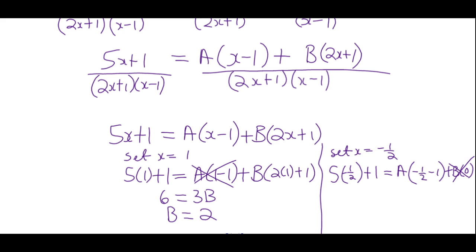Negative 5/2 plus 2/2 is negative 3/2, which is equal to A times negative 3/2. So A is equal to 1.